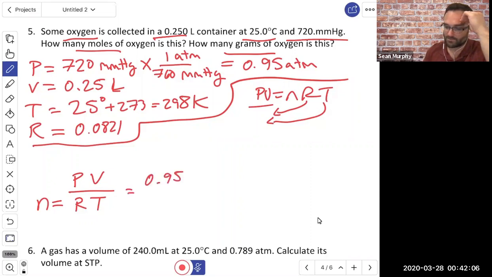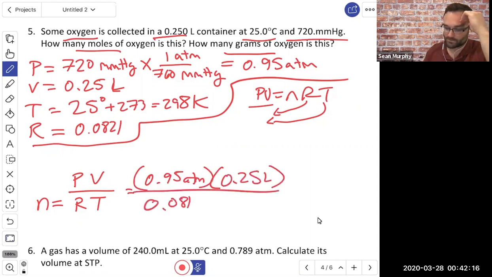So that's 0.95 atmospheres. Our volume is 0.25 liters. The R is 0.082. Oops, daisies. There we go. And then our temperature is 298 Kelvin. Remember, we're going to use the 0.0821 because we're using the atmospheres.